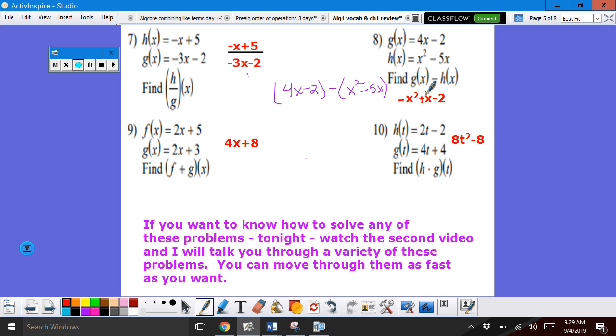Okay, so I know that there's a negative 1 here, and I have to distribute. That gives me a negative 1x squared, a positive 5x, and I'm adding 4x minus 2 to that. The actual answer should be negative 1x squared plus 9x minus 2.